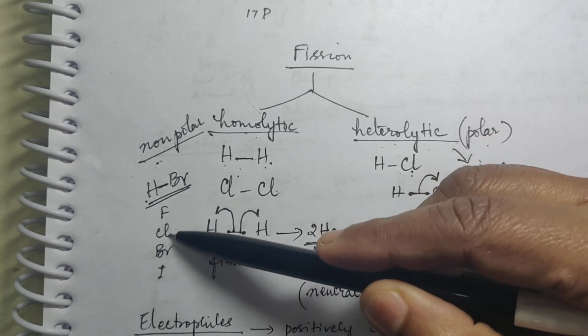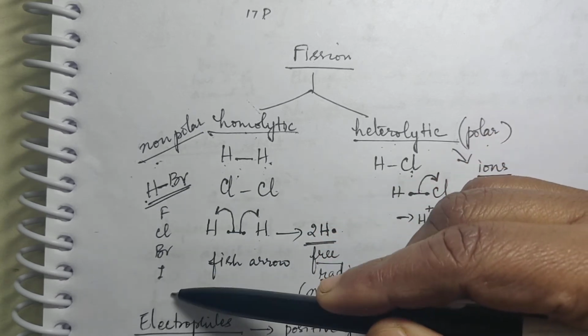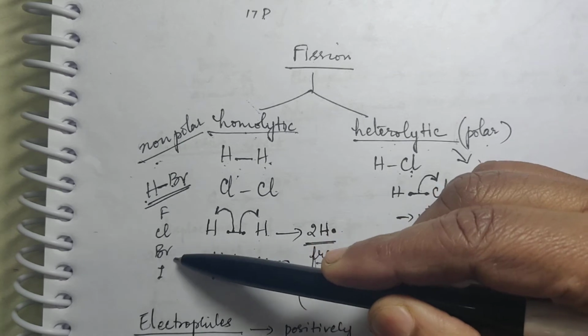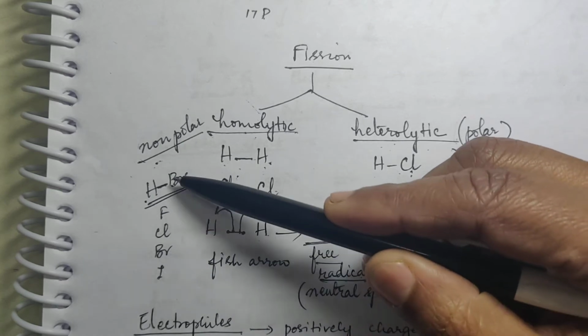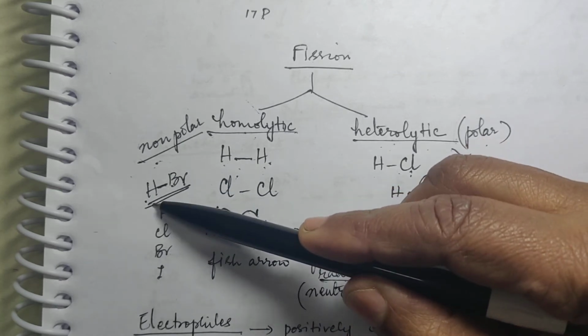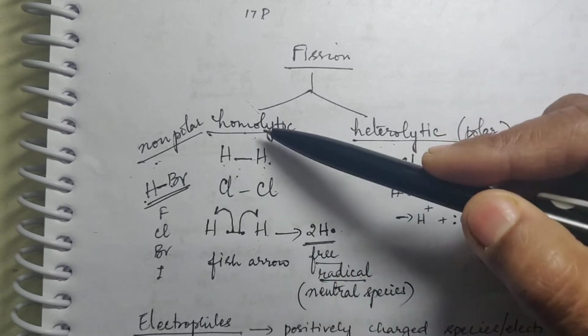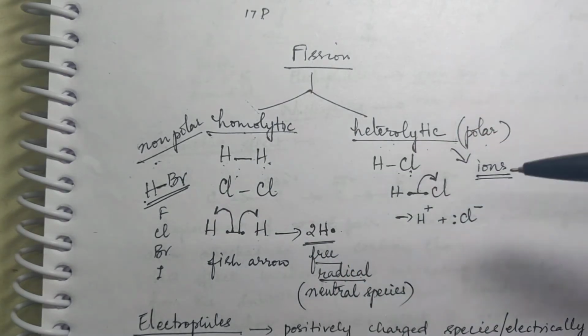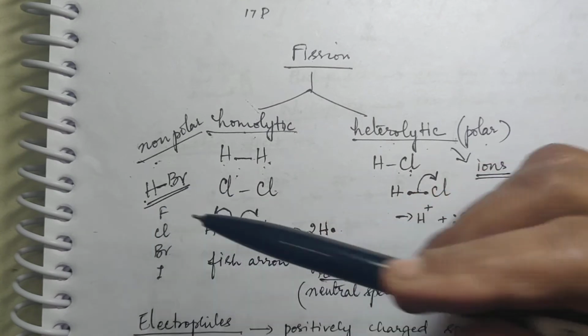Down the group, you know very well electronegativity decreases, and the electronegativity of bromine is almost the same as that of hydrogen. So, in the case of HBr, you can consider this to be homolytic in spite of the fact that they are unlike atoms.